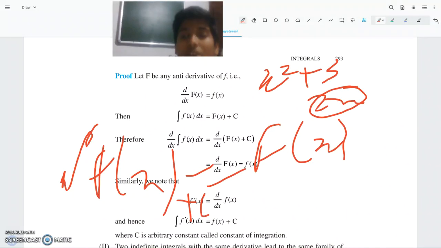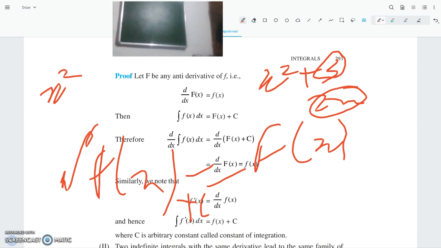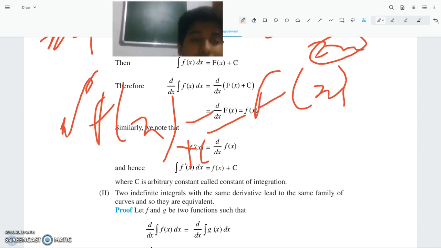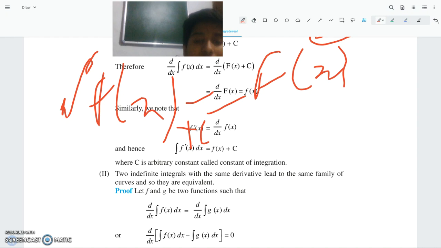By integration, if it says 2x, it would be x square. But we cannot forget that there could have been 3, 2, 4, 5, or any constant. So we say x square plus c. That is the difference: integration does not know what constant would be there. It can only be found when you are given two values of x and y.